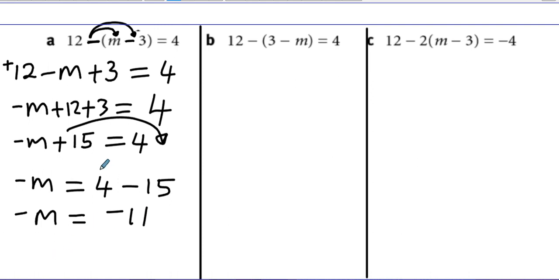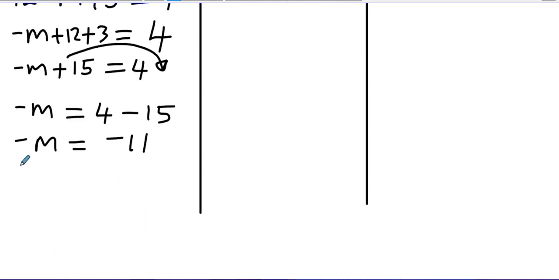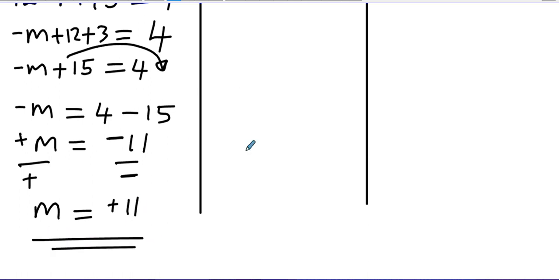To find the value of m, we need to divide by negative sign on both sides. So negative and negative becomes positive, and the negative divided by negative, the answer is positive 11. That's final answer.